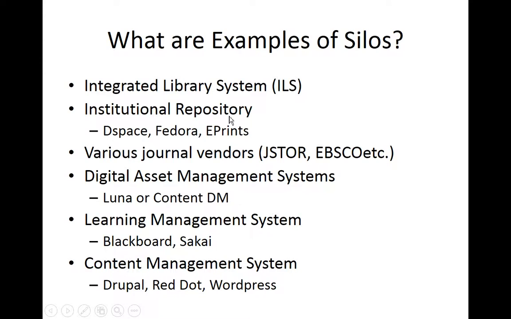Institutional repository, it works great and fine on its own, but say you want to have those records be able to show up, objects that you have stored in one institutional repository, you want them to show up in a sister institution's repository. How do you make those speak to each other?